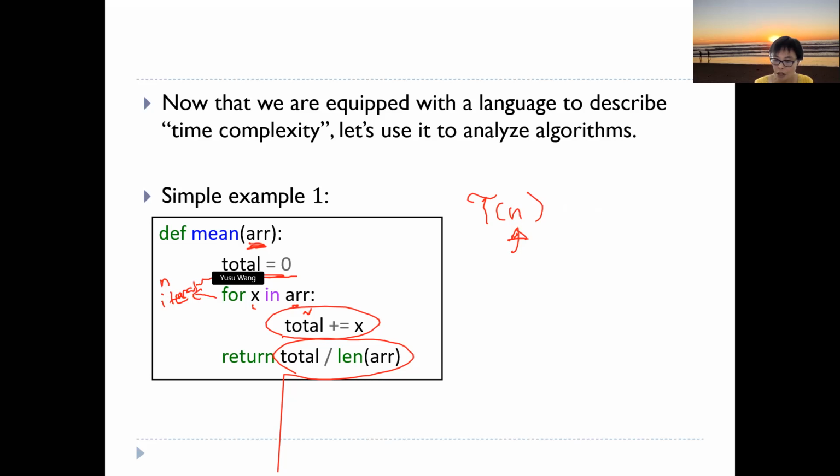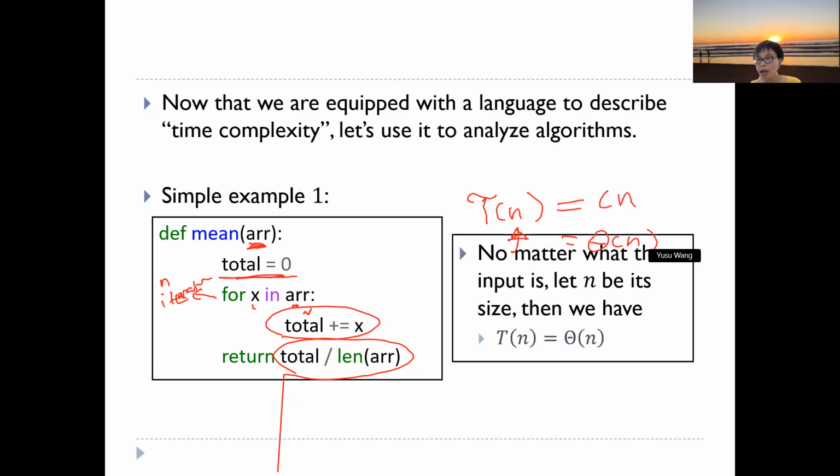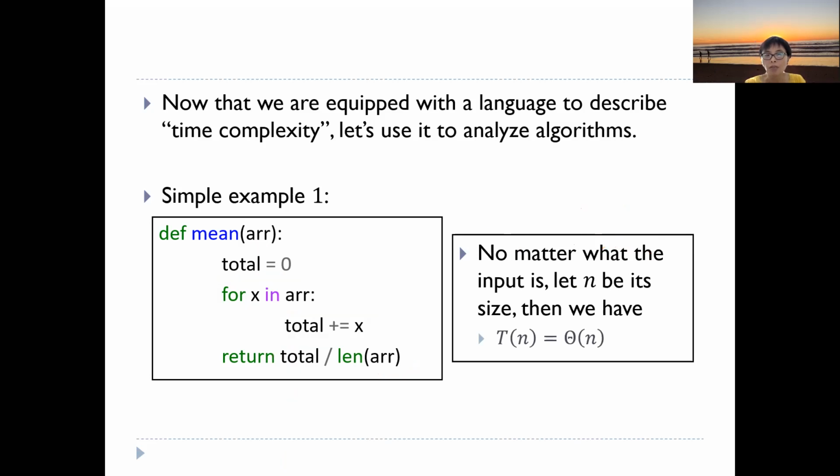As such, the whole time complexity is c times n, which is big theta of n. Note that this actually holds no matter what the input is. If the size is n, then this algorithm takes time which is linear in n.